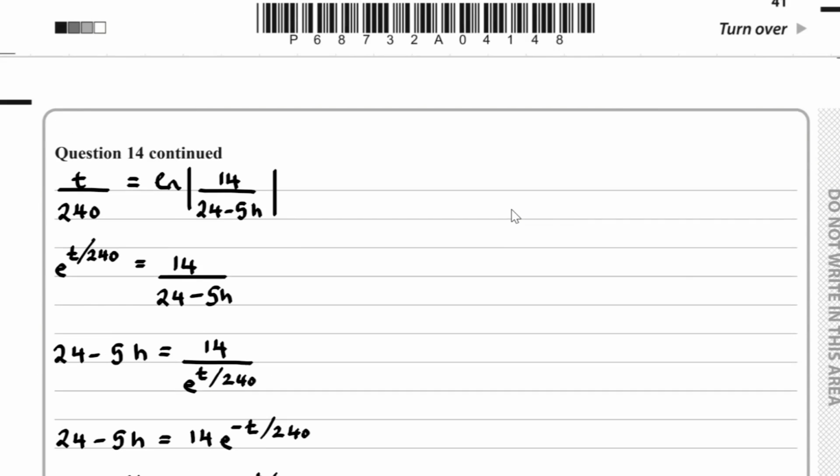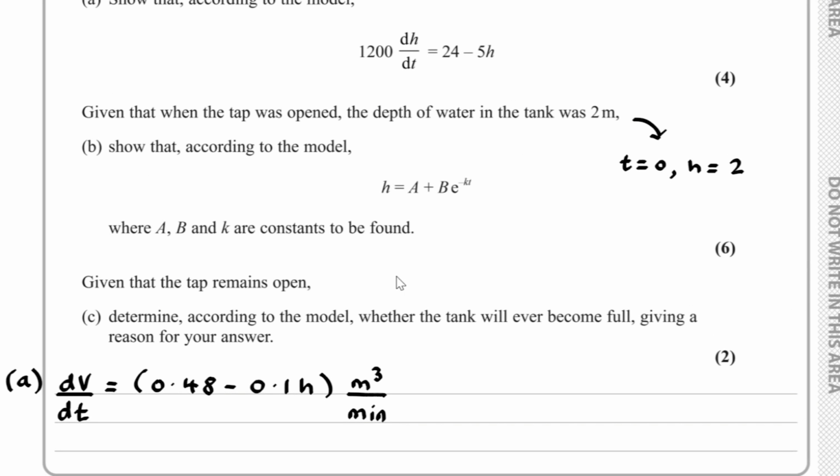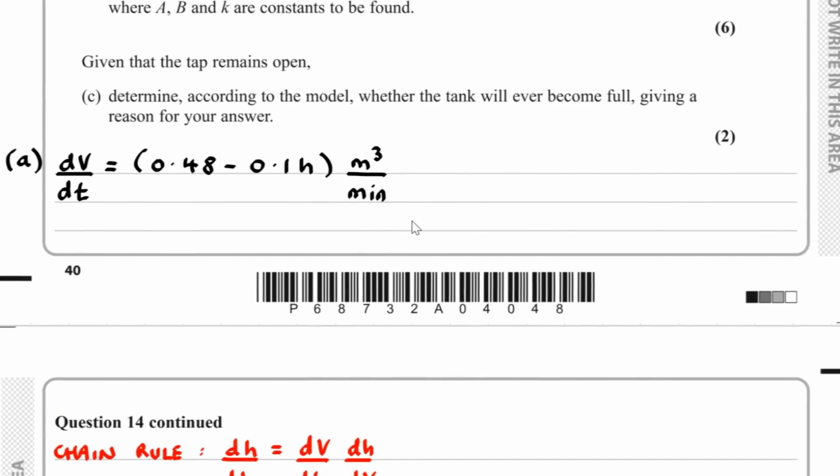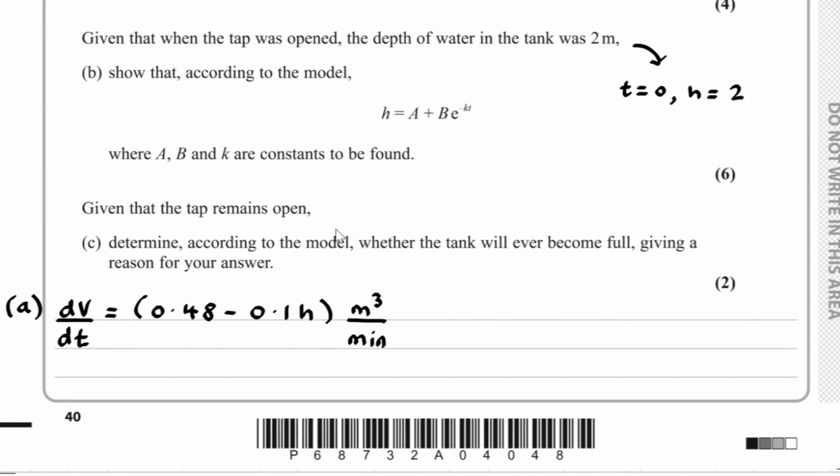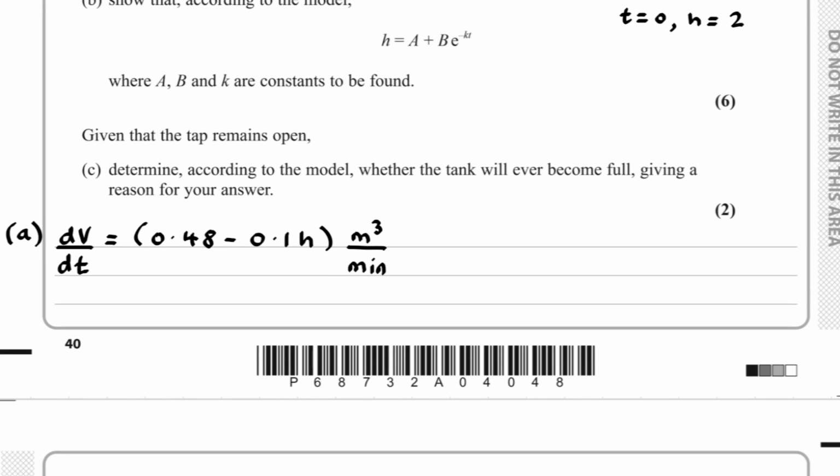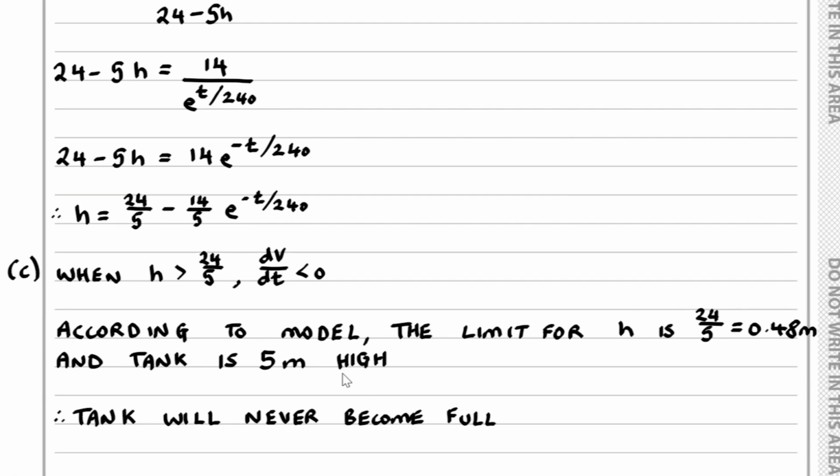Let's just go back to the question. It's saying, will the tank ever become full, giving a reason. The tap remains open. So as long as h is greater than 4.8, the rate of change is going to be negative. So, according to the model, the limit for h is 24 over 5, which is 4.8 meters.